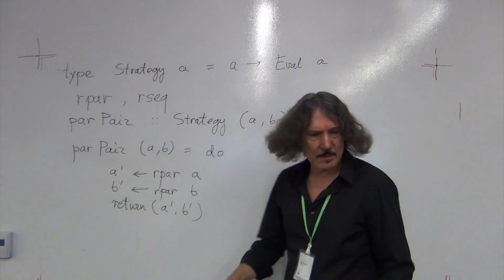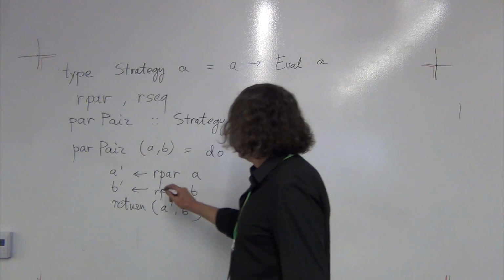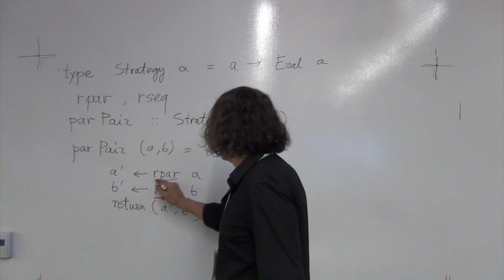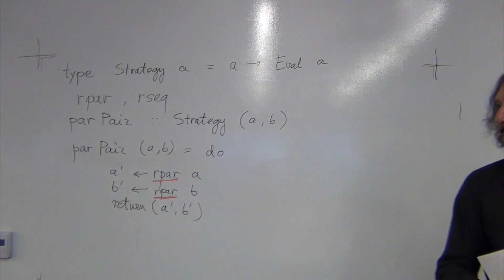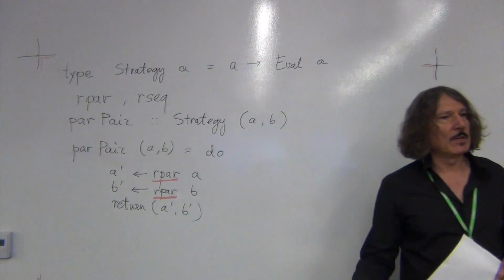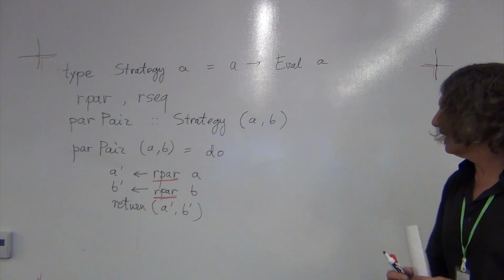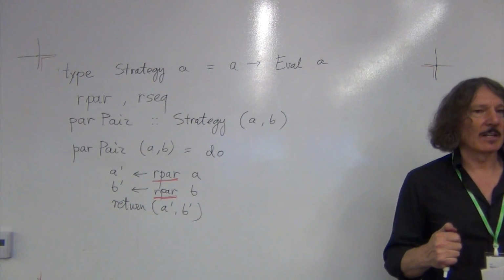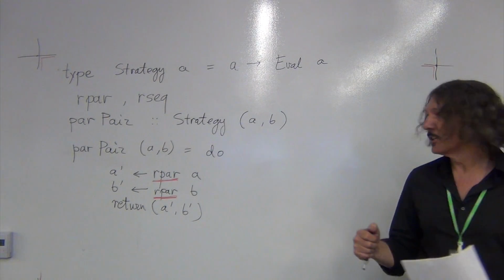And notice that I used these two simple strategies here, rpar and rpar. Well, it's the same strategy for evaluating A and B. Right? But suppose that I want to make it more general so that I can use different strategies for A and B, and I can mix and match these strategies. So in that case, let's define this so-called parametrized strategy. A strategy that takes other strategies as arguments.